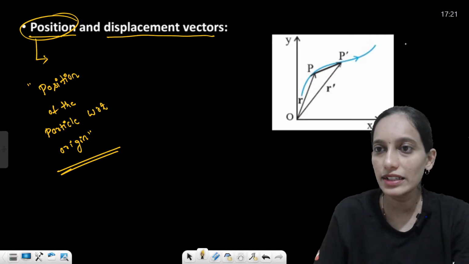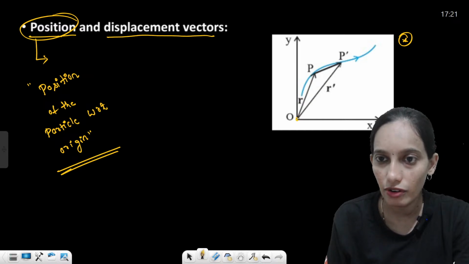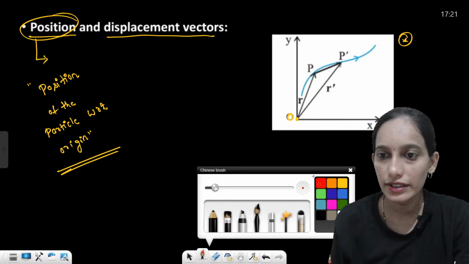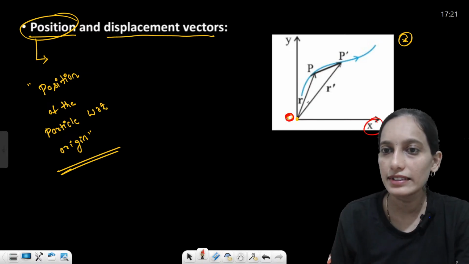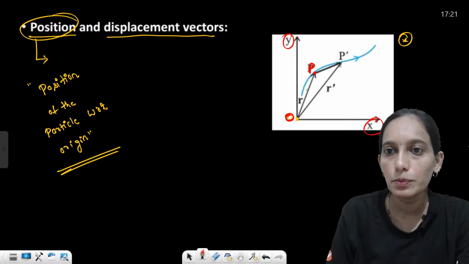So let us consider the simple diagram which is given here. We have our origin here, and we have our x axis here, y axis here. Let us say at some given instant the particle is present at this point P.